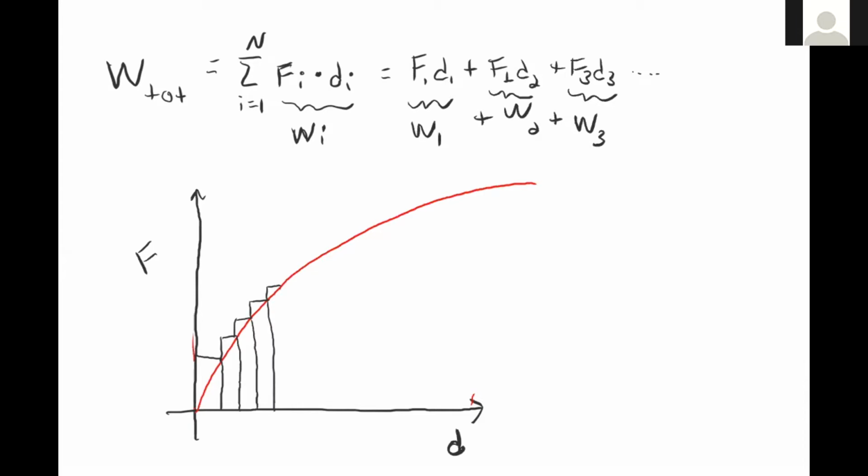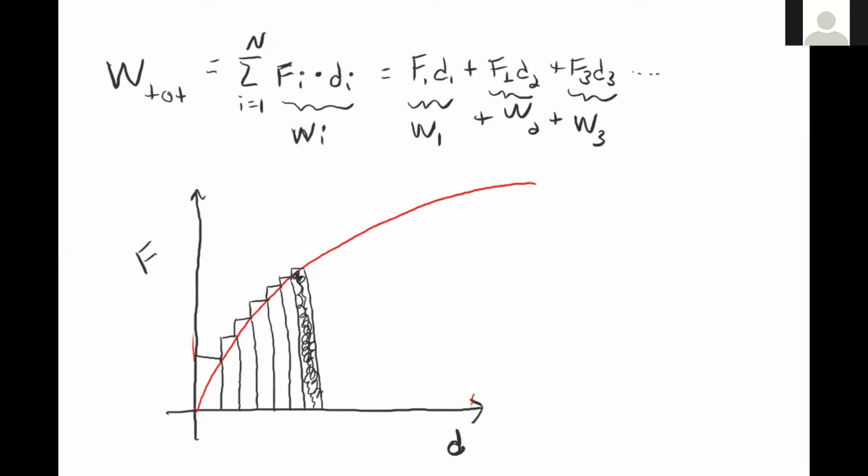You calculate the area of each one and add them together, and in the end that gets you somewhat close to the total area underneath the curve. And the skinnier you make these little rectangles, the closer you get to the actual value for the work done by a variable force over a distance.